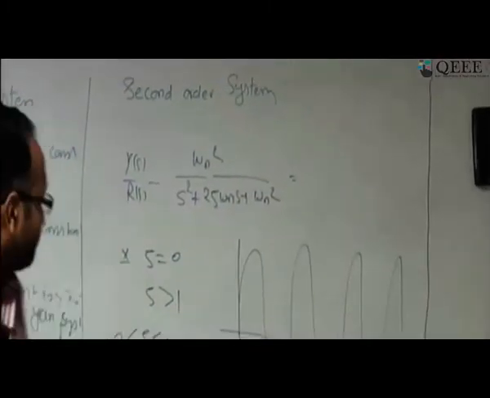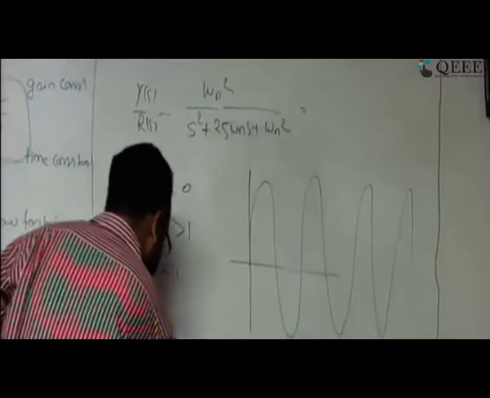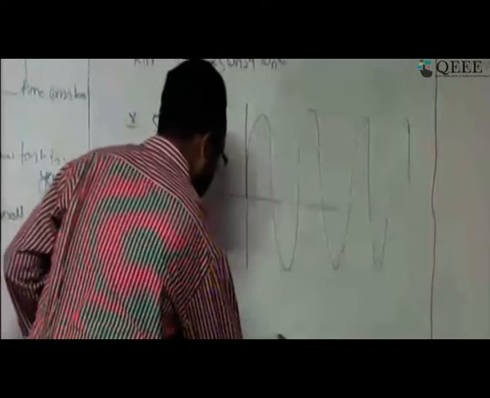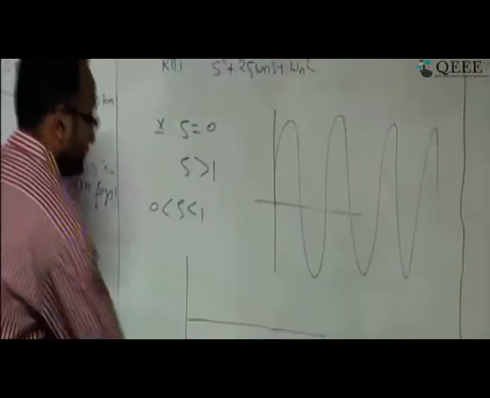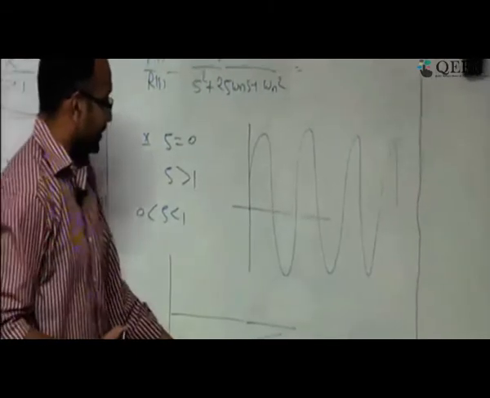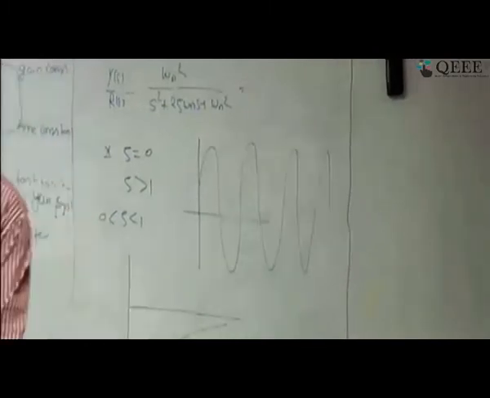If zeta is more than 1, we get a response like this. This is called the overdamped scenario. The oscillatory behavior occurs when the damping factor is 0. This zeta is your damping factor.